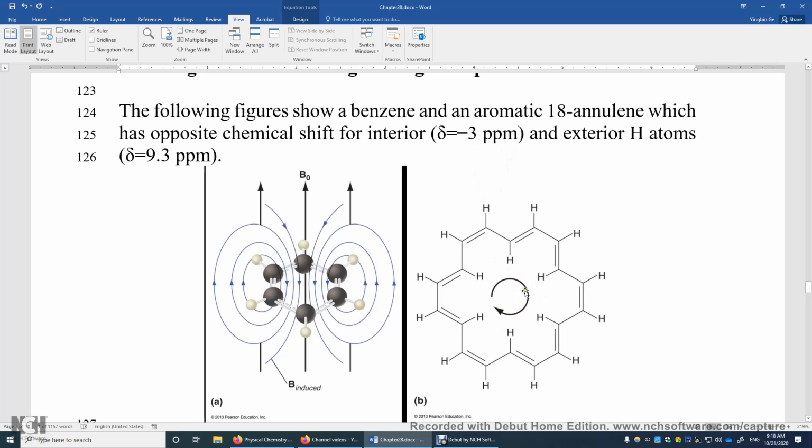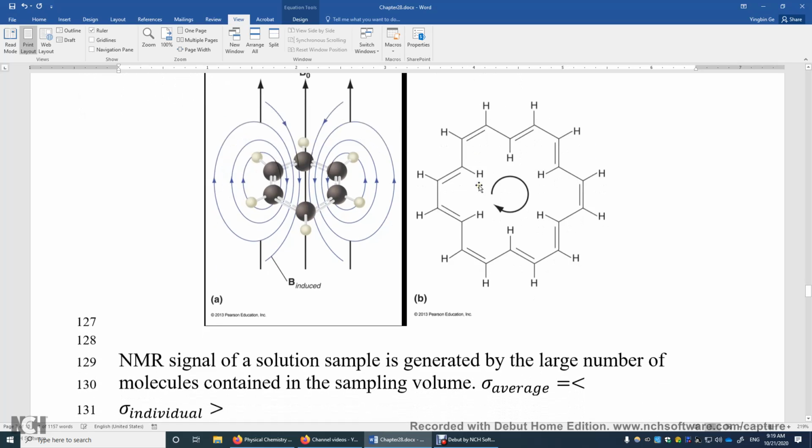So it's really interesting here. If this is -3, outside it's 9. This is a huge difference. 12 ppm is considered a huge difference in hydrogen NMR.